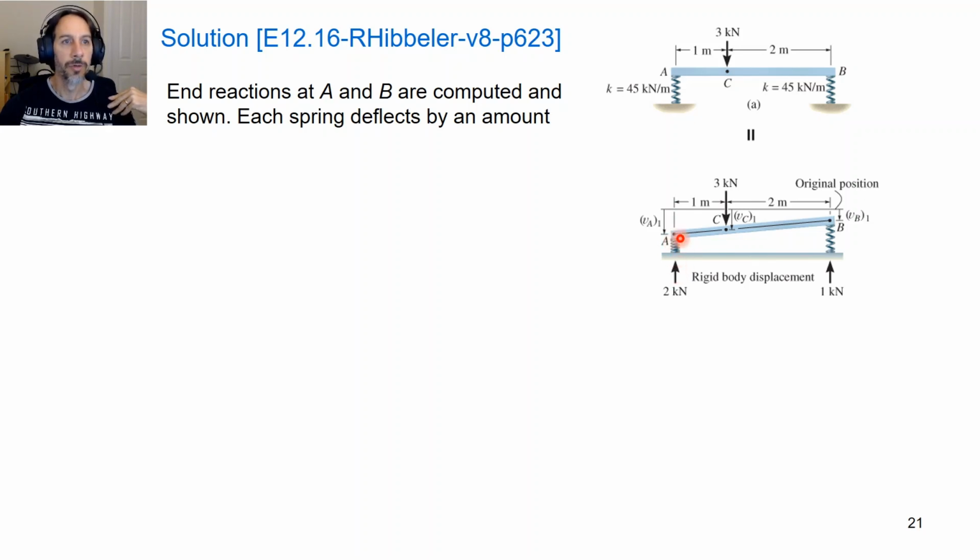We should see that this force here is greater than the force over here. So from F equals Kx, the spring equation. So if we've got twice the force on the left here as we have on the right, then this is going to deflect twice as much as we have on the right.